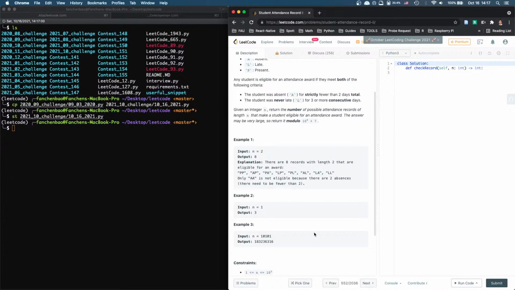So it's a 3-level state: we have allow A and allow L. First level is n, and then within n we have a 2 by 2, 0, 1 and 0, 1.